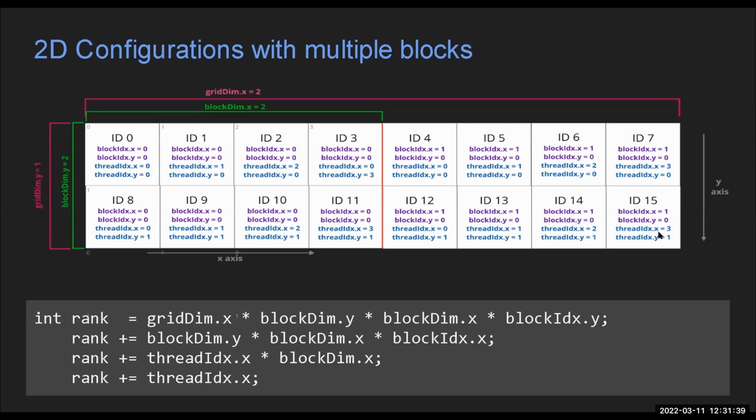Well, we're going to look first in the Y direction. What we would want to consider first is all of the completed grid rows that we would have passed. Now, in this example, we don't have any because we're always going to be in block index 0.